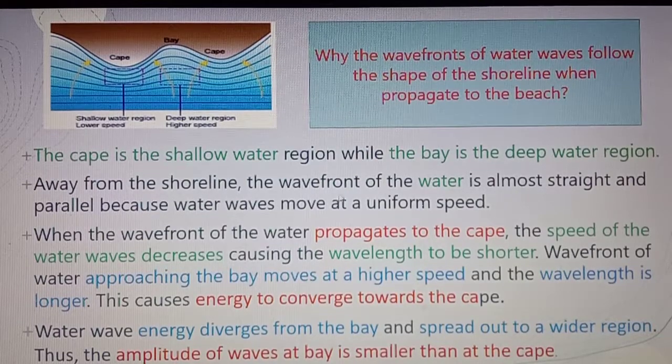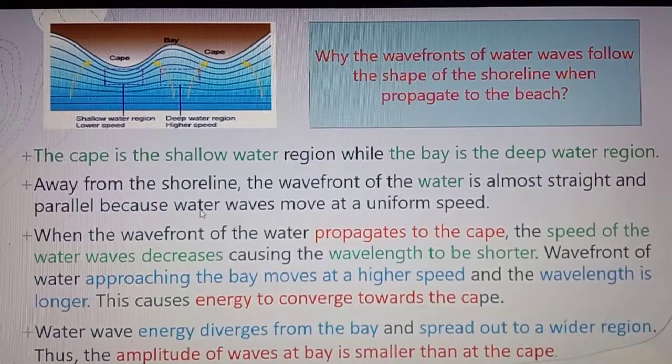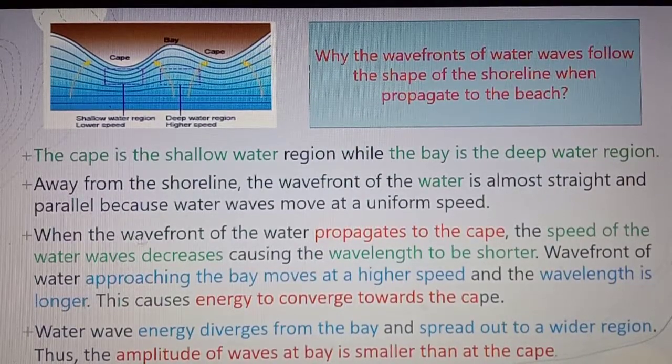Away from the shoreline, the wavefront of water is almost straight and parallel because the water wave moves at uniform speed. In the middle of the sea, the depth is quite uniform, so the wavefront is almost straight and parallel, with uniform speed. But when the wavefront of water propagates to the cape, the speed of the water wave decreases, causing the wavelength to be shorter.